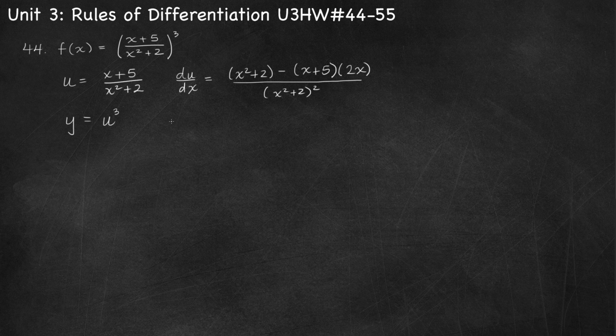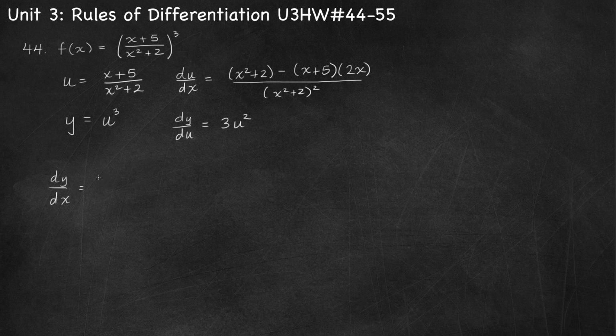Okay, that's the derivative of my inside function. Now the derivative of my outside function is dy du, and the derivative of u cubed with respect to u is 3u squared. So to find dy dx, I'm going to multiply du dx by dy du.